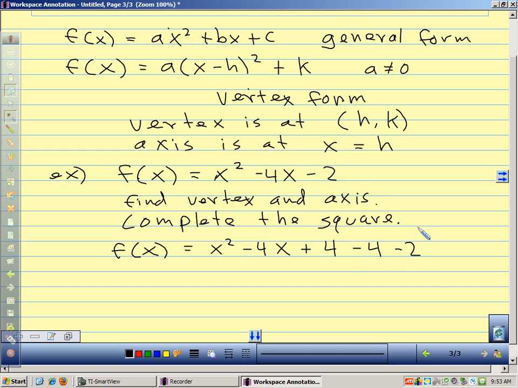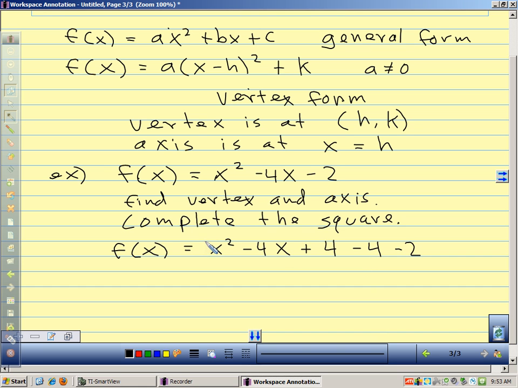And I still have the minus 2 here. So when we're solving, it's a little different than when we solve by completing the square, because when we solve by completing the square, we add this 4 to both sides of the equation. And we can do that because when we're solving, we have a 0 here. When we're completing the square to find vertex form, whatever we add, we subtract right away.